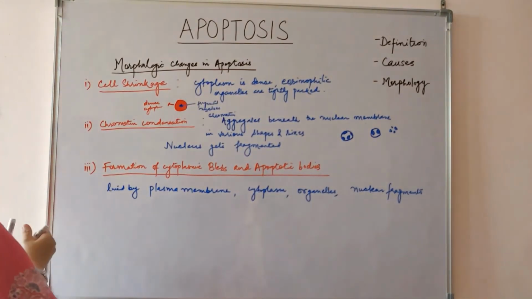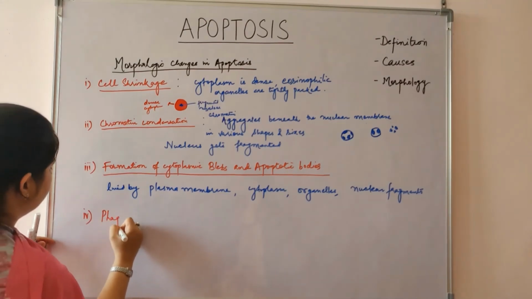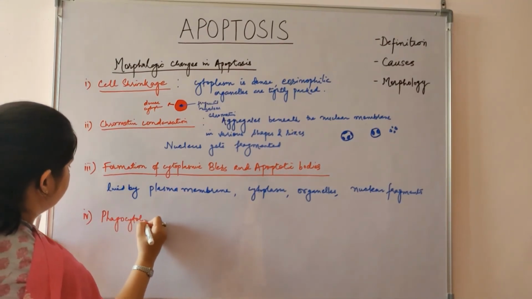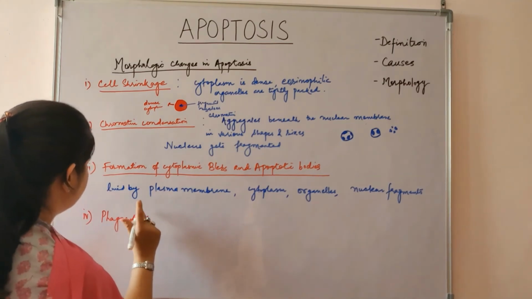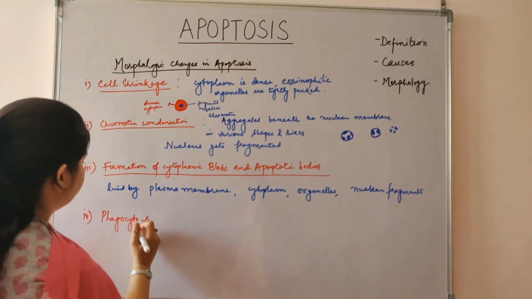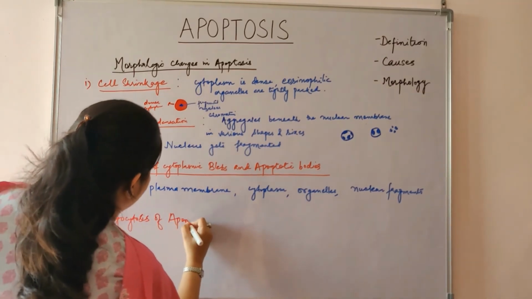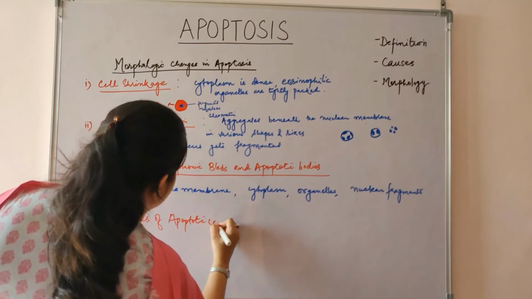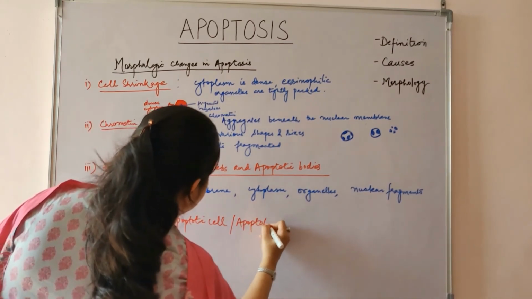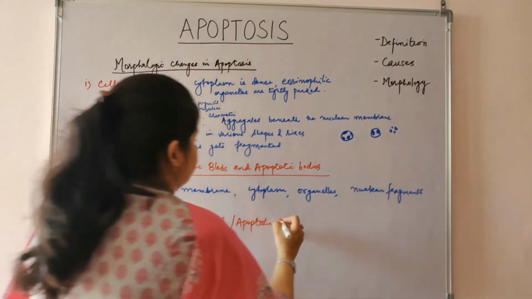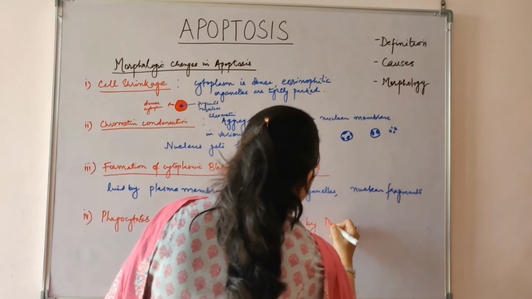Fourth is phagocytosis of the apoptotic cell or apoptotic bodies by macrophages.